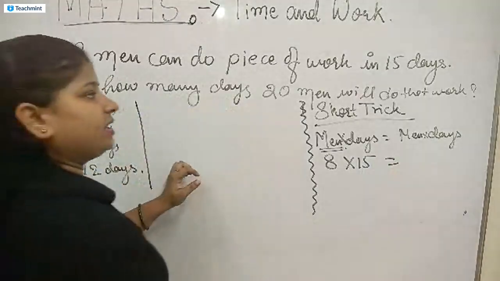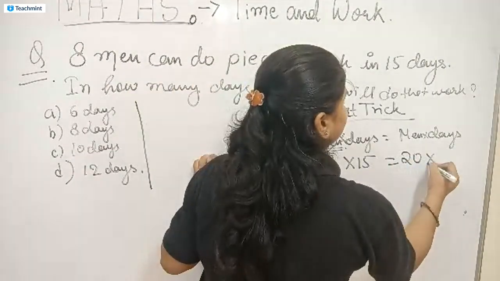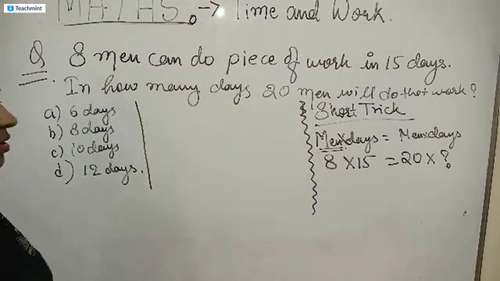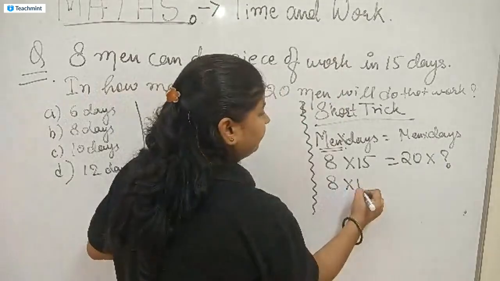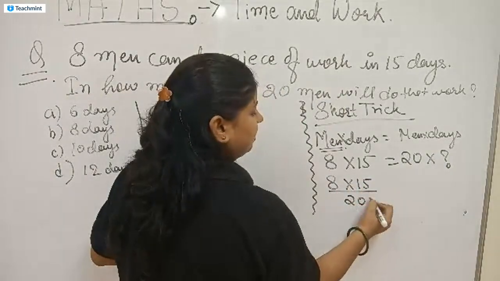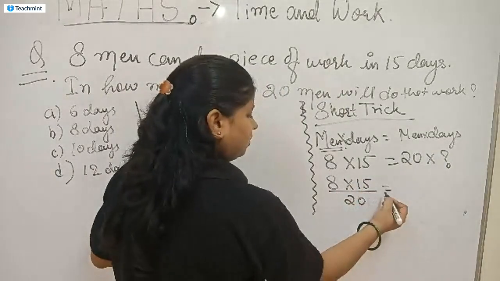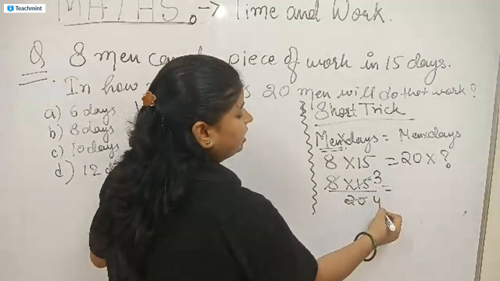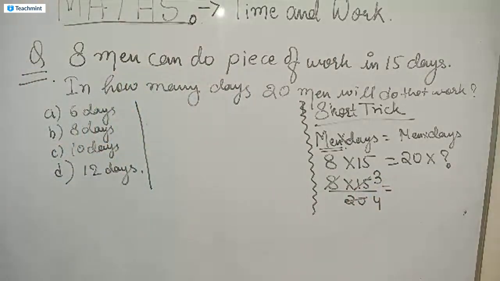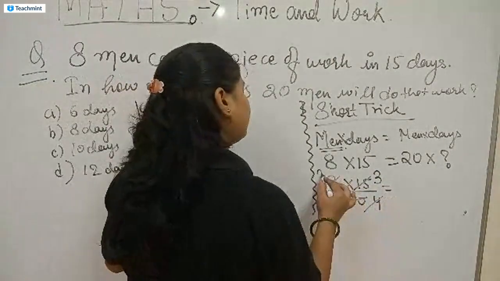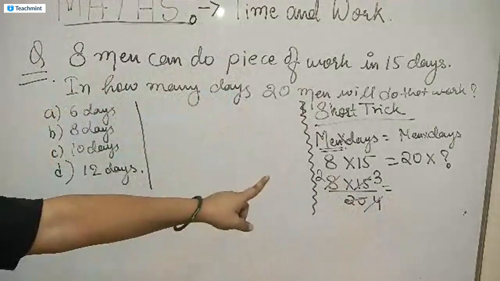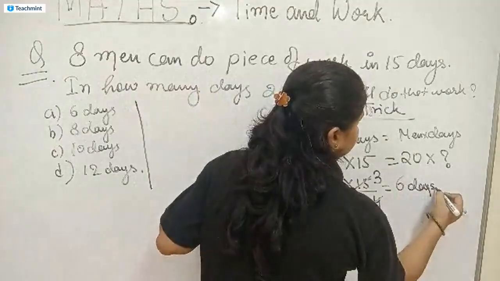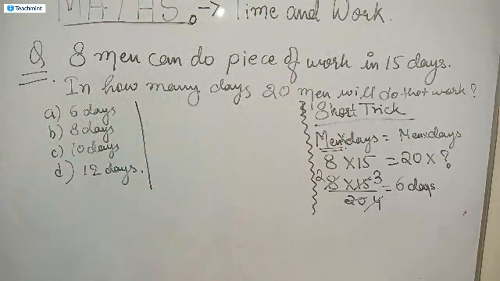Next, men is 20, days you have to find out. So 8 into 15, this 20 comes here. First you will cut: 5 threes are 15, 5 fours are 20, and 4 1 is 4, 4 twos are 8. 2 threes are 6 days. 6 days is my answer.